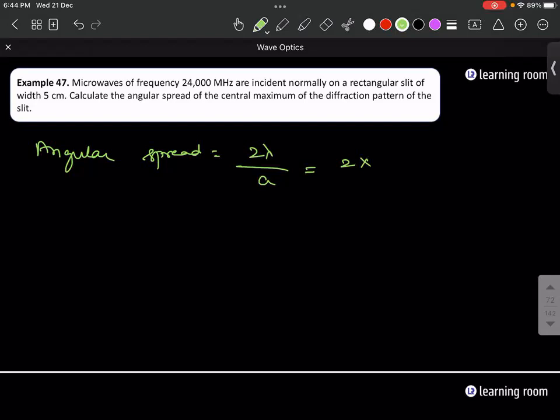How to calculate the value of lambda when the frequency is given? So C by, so distance is equal to speed into time.